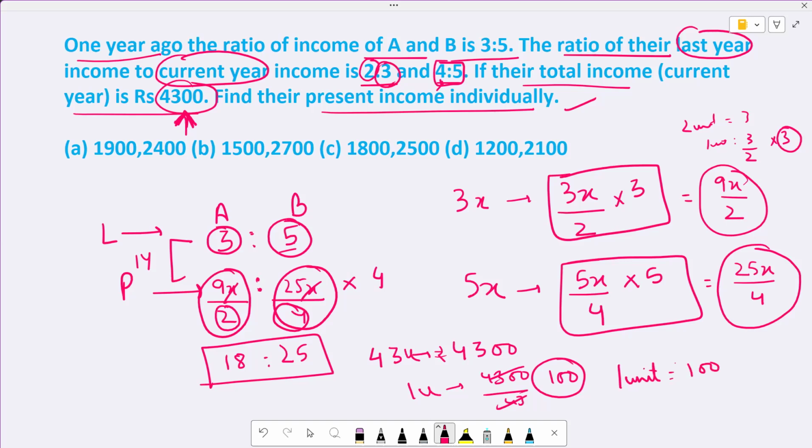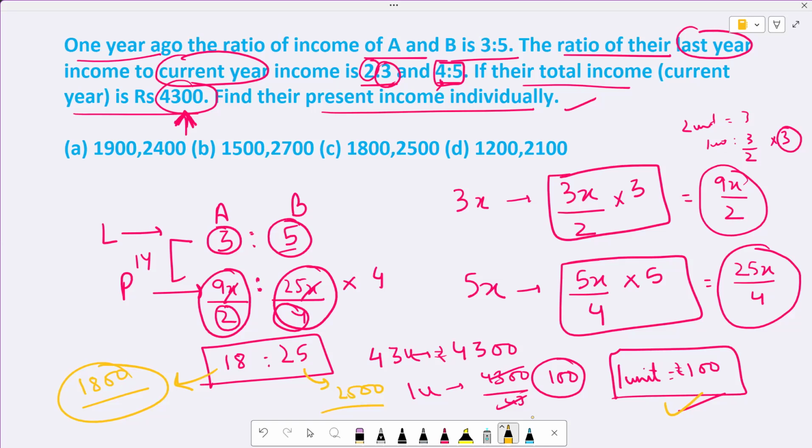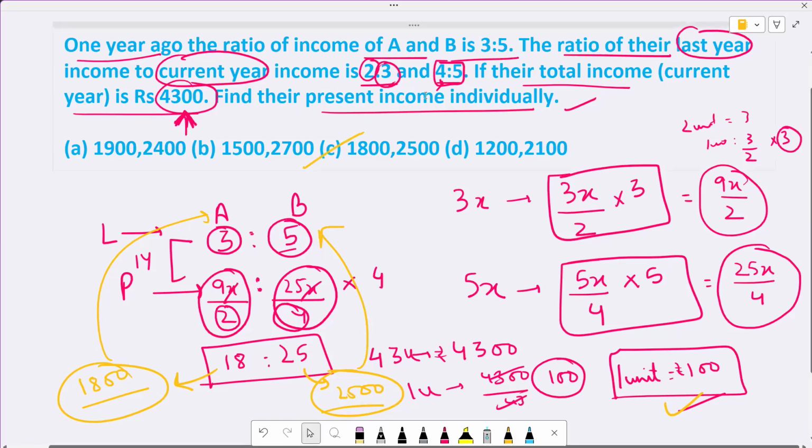Now if we tell the final present income, 18 units is equal to 1800, and 25 units is equal to 2500, because the value of 1 unit is given. Therefore, these two are the answer, the respective incomes of A and that of B. So the answer for this particular question will be 1800 and 2500, the respective salaries of A and B.